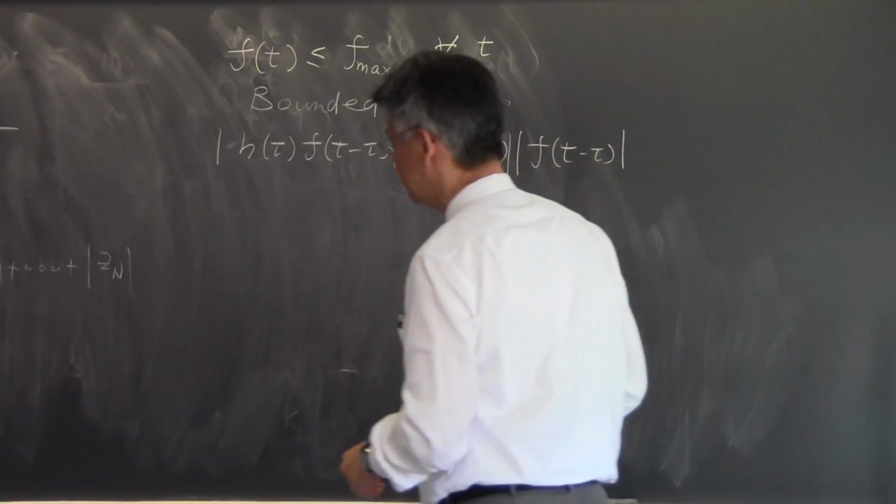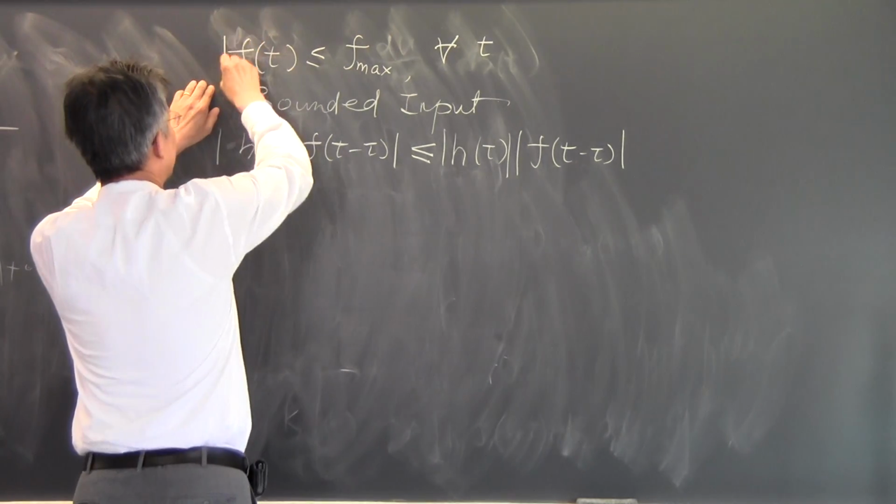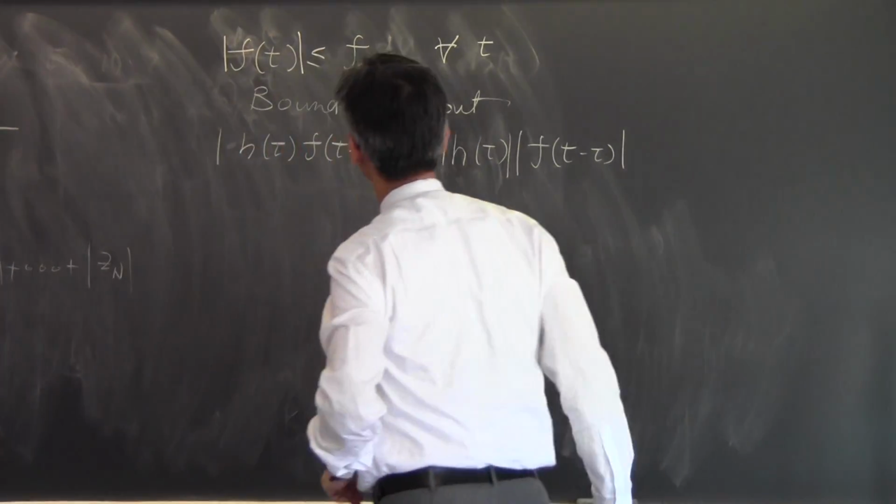Because of that, this is less than or equal to the integral d tau of magnitude h of tau times magnitude f of t minus tau. Then I take this piece and say that it is always less than f max. I can take this magnitude sign and say that this is always less than f max.